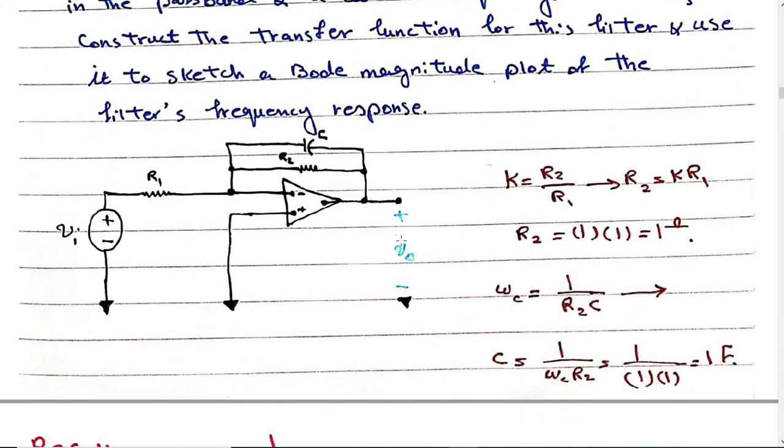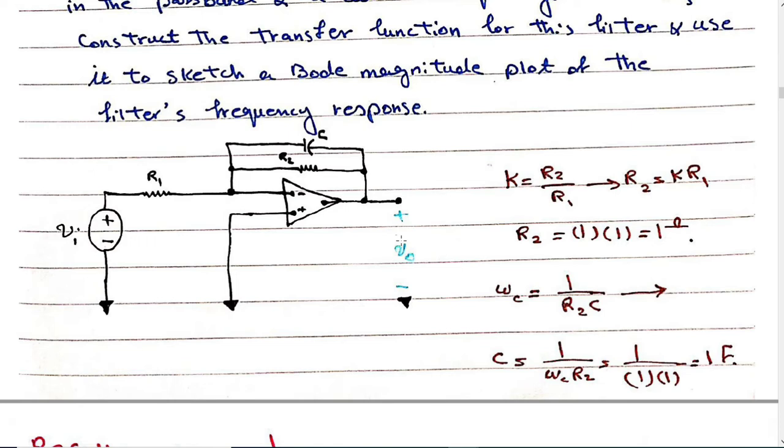So we have this circuit. What is the transfer function for this circuit? This is a low pass filter. The transfer function is V out over VI.